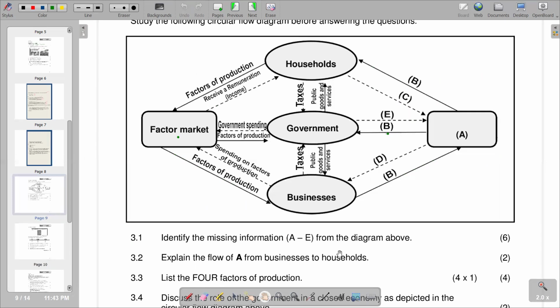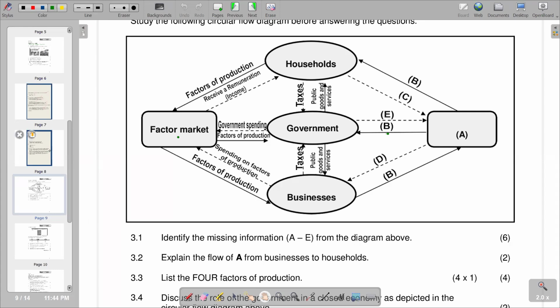Remember, A is indicated by the goods and services market. So when we are looking at the flow, businesses provide goods and services to households, and households will be buying those goods and services. So the household spending will be moving in the direction of business. That's the explanation that we can give.